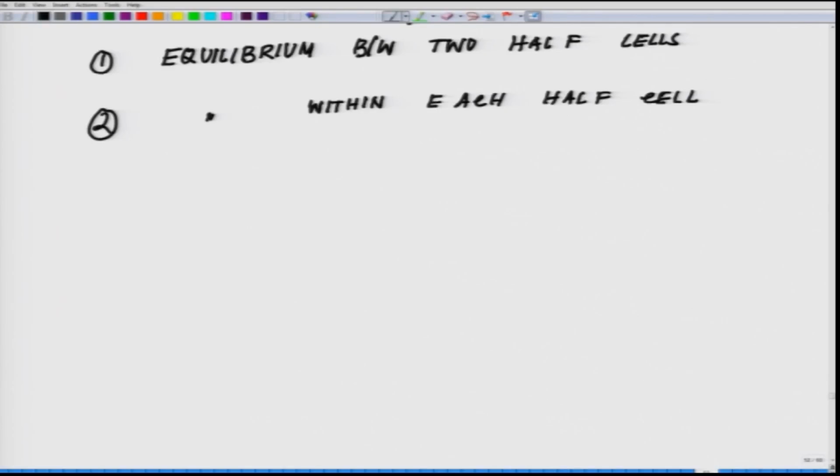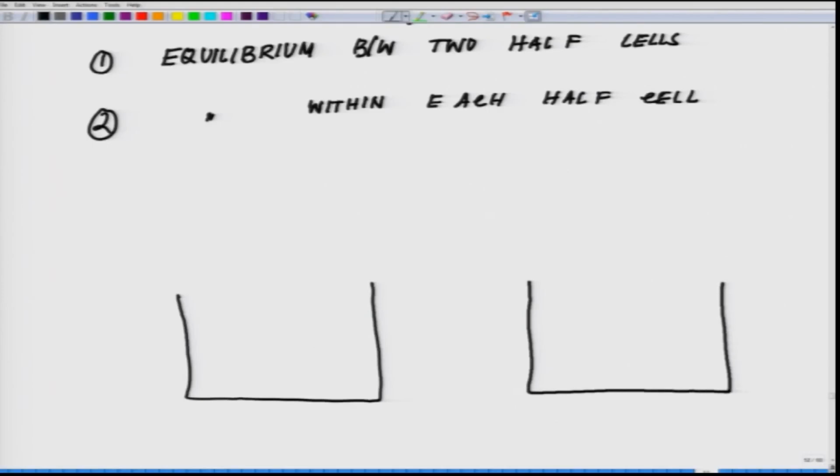We said that the equilibrium between the two half cells has not been established, and if we allow the half cells to stand long enough to come to chemical equilibrium within each half cell. Okay. So, keeping that in mind, let us draw the cell. So, here is one cell, here is the next cell. Okay. So, these two cells are connected with a salt bridge.